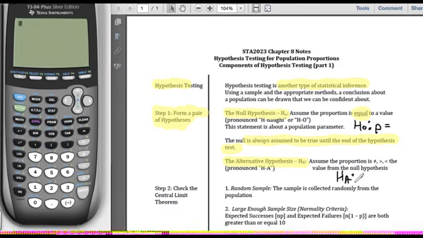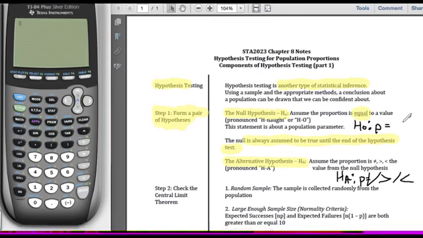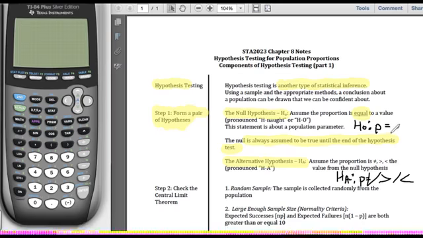It'll be the form HA, and then p is either not equal to, greater than, or less than that original value from up here. And we're going to use statistics to decide which route we take. Do we support the null hypothesis or do we reject the null hypothesis? And our statistics will tell that.